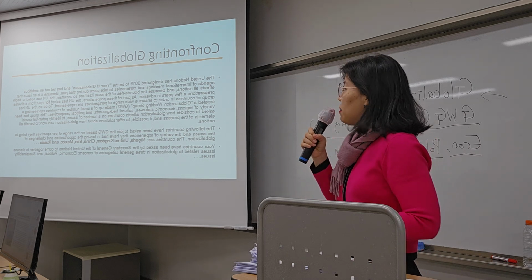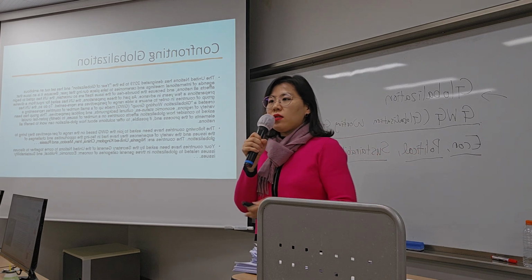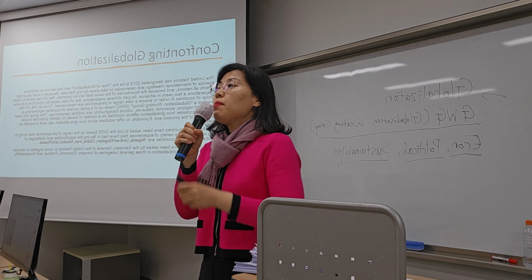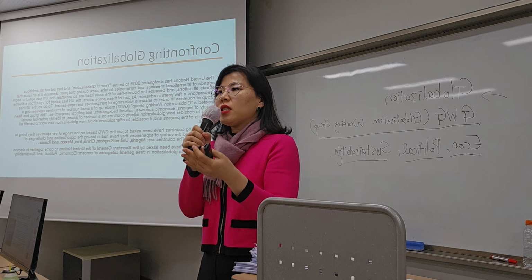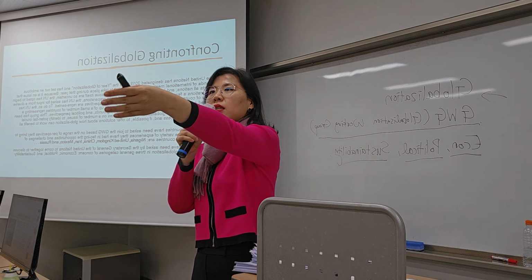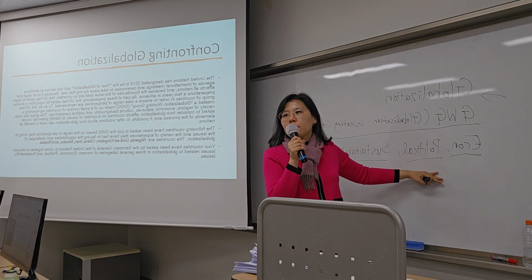All the contents I'm covering today are based on what we have learned so far. You have to talk about which issue you want to discuss. For example, a GWG can talk about the war in Ukraine and Russia.